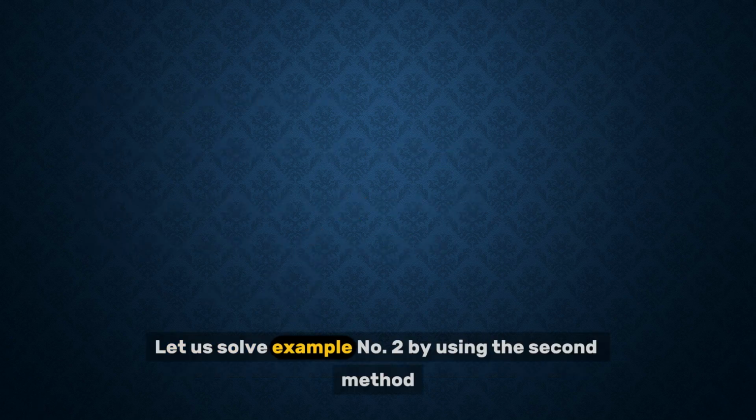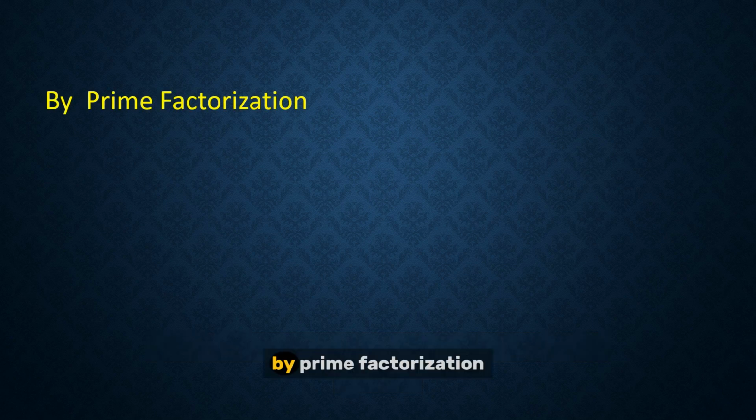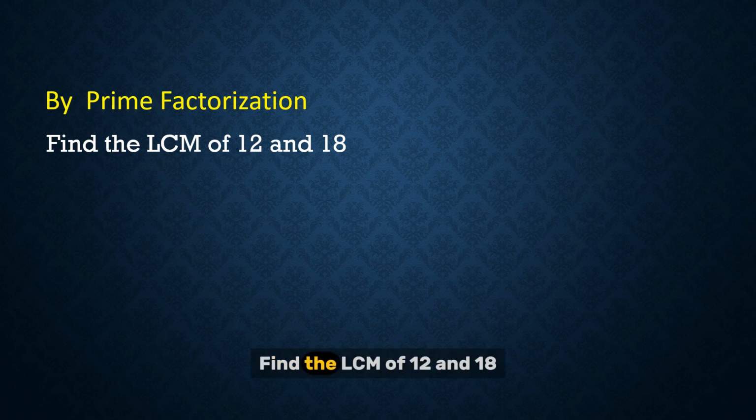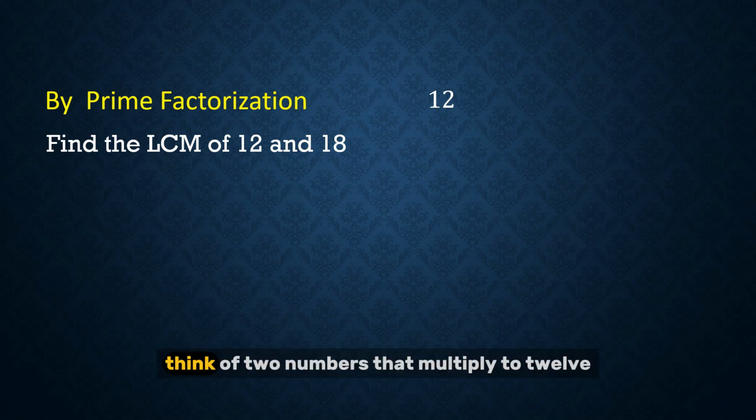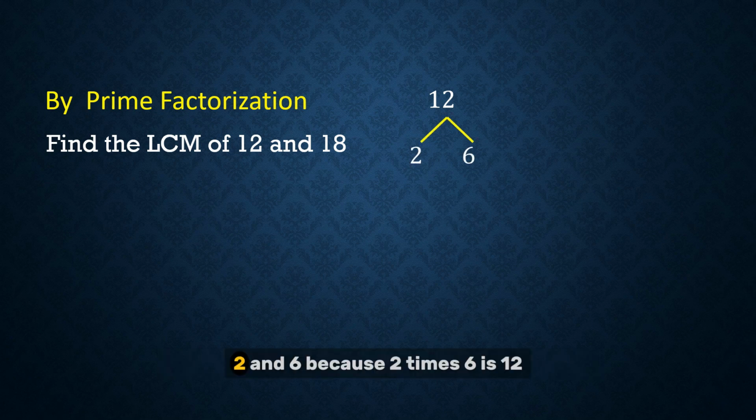Let us solve example number 2 by using the second method, by prime factorization. Find the LCM of 12 and 18. Maybe we can use factor trees to find the prime factors of 12. Think of two numbers that multiply to 12. 2 and 6, because 2 times 6 is 12. 2 is a prime number, 6 is not.